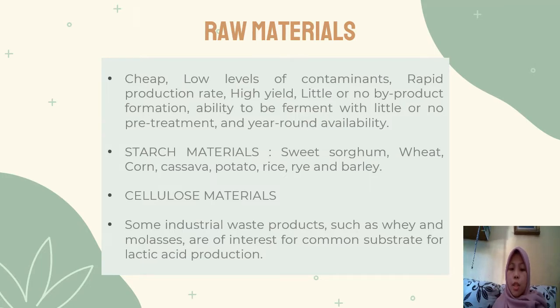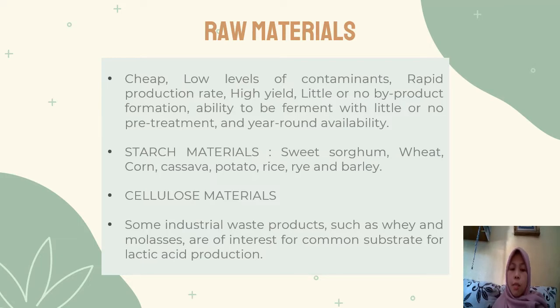Starchy materials include sweet sorghum, wheat, corn, cassava, potato, rice, bread, and barley. These materials have to be hydrolyzed into fermentable sugars before fermentation because they consist mainly of alpha-1,4 and alpha-1,6 linked glucose. This hydrolysis can be carried out simultaneously with fermentation.